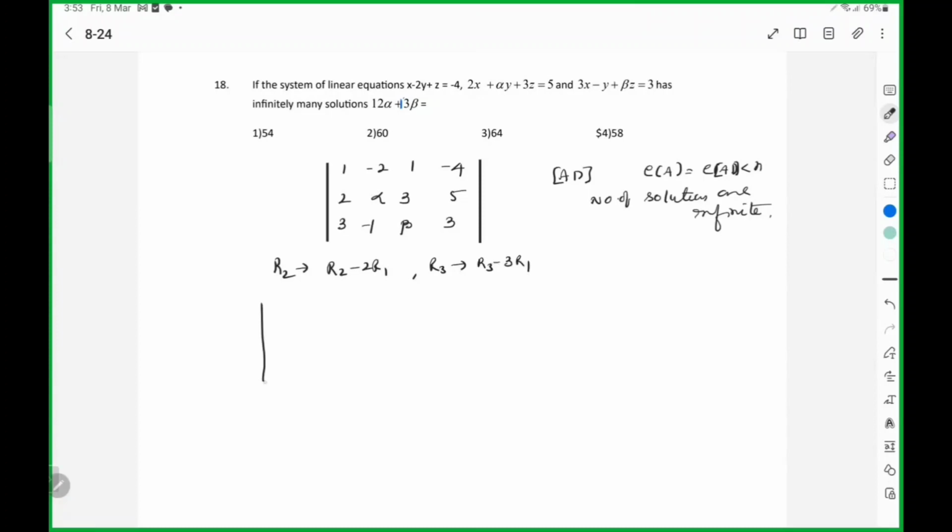So then we get here 1, minus 2, 1, minus 4; alpha plus 4, 3 minus 2, here 5 plus 8, 13; 0, 5, beta minus 3, 3 plus 12, 15.